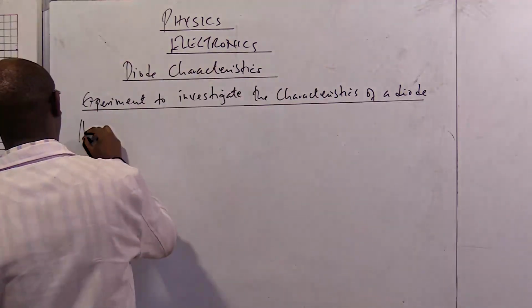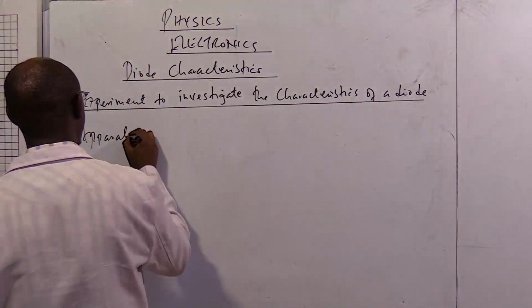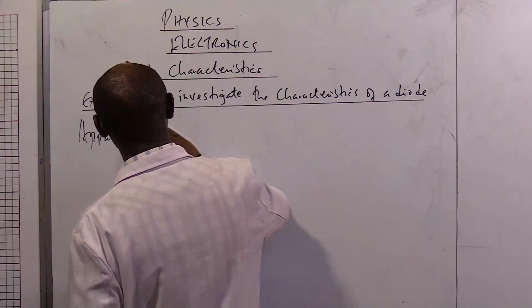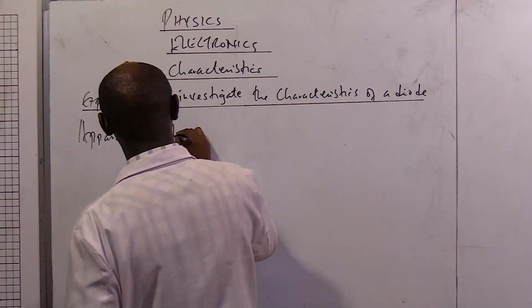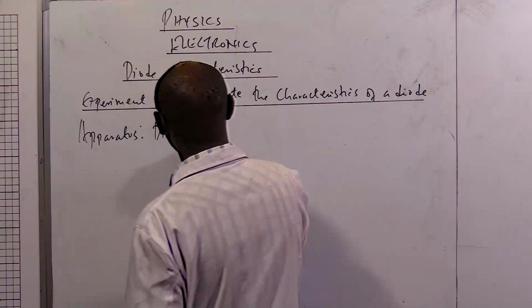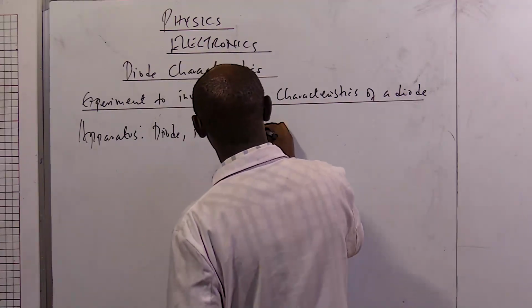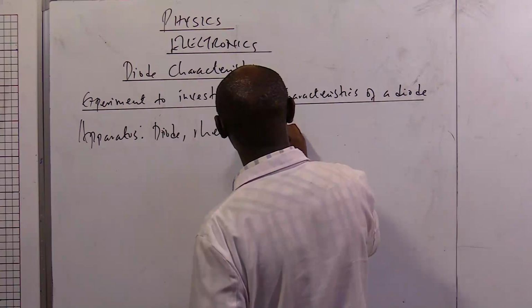So here we'll have a few apparatus. One, a diode. Then a rheostat, or what we call a potentiometer.